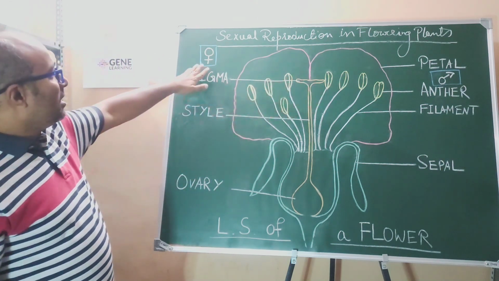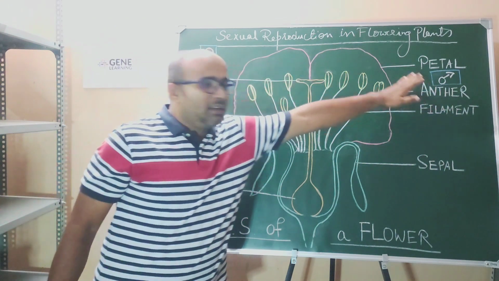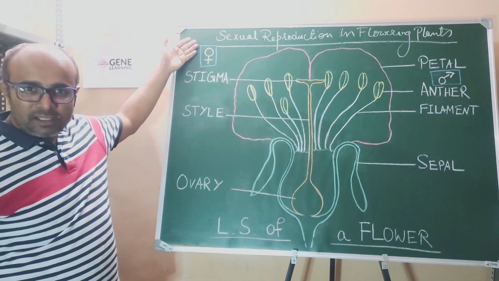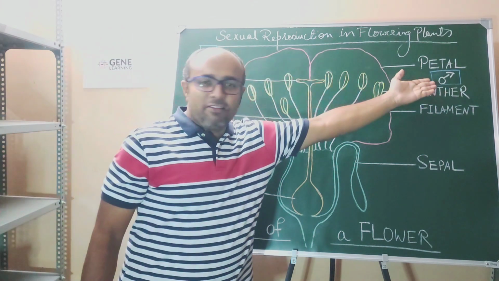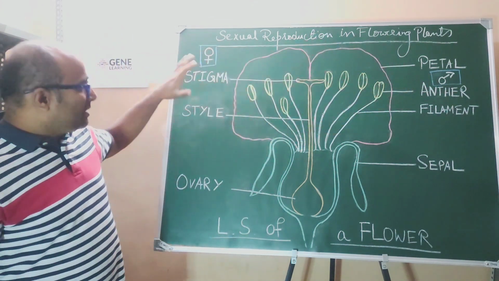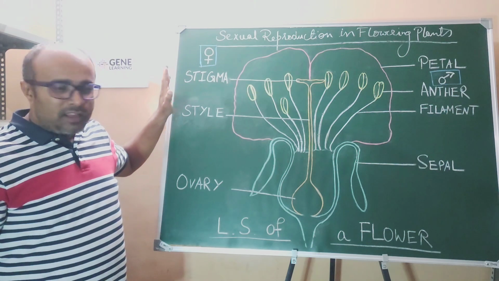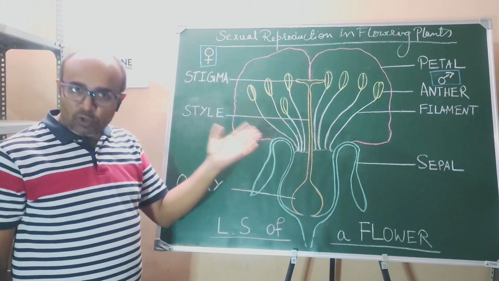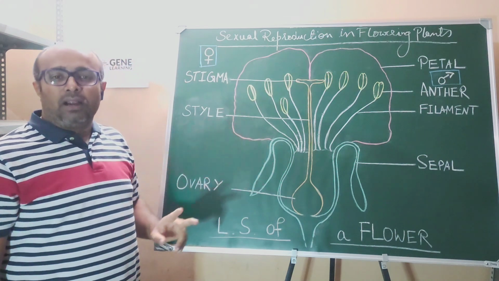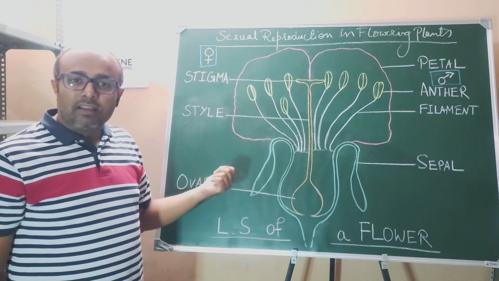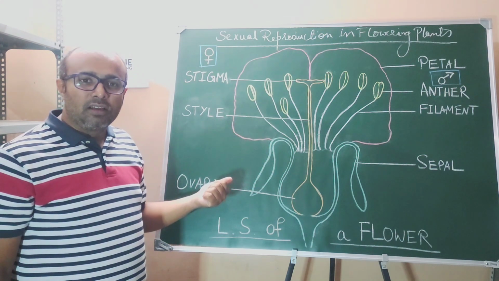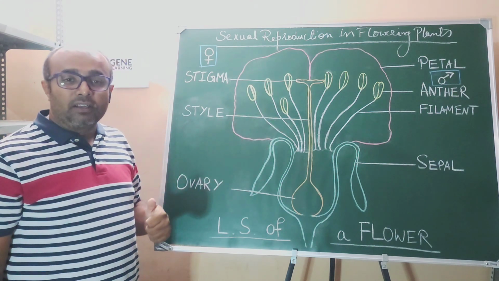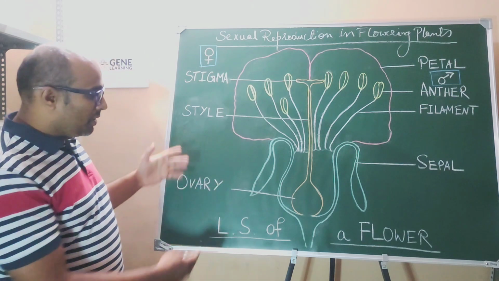I've written two symbols over here: one is the female symbol, and this is the male symbol. The reason I've written them is the different parts which we find here. As I told you earlier, we find both the male reproductive structures and the female reproductive structures.